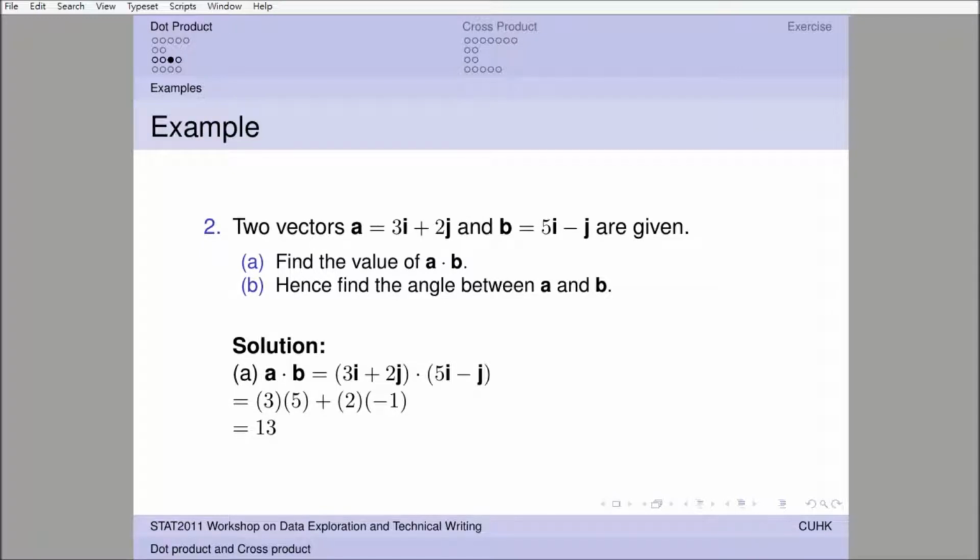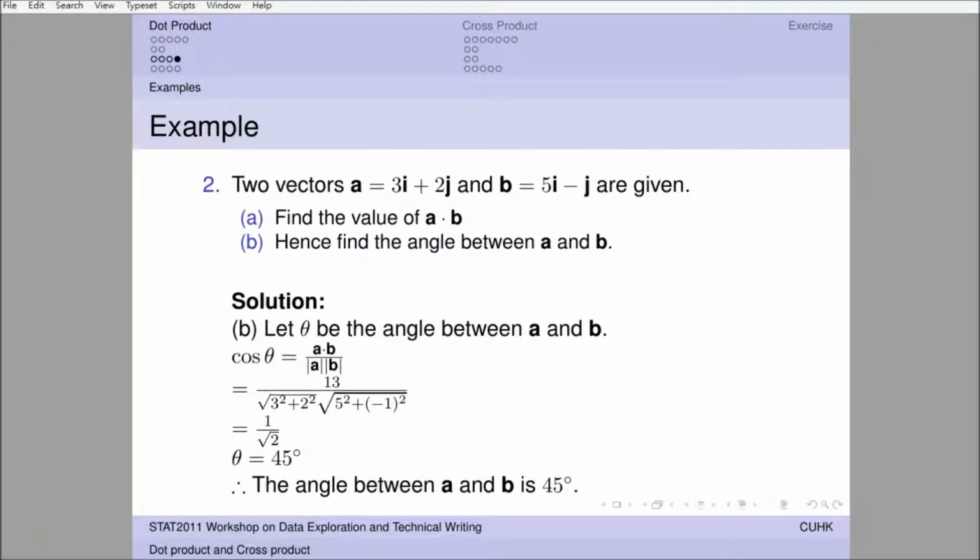Example 2. Given two vectors A and B, recall that i and j are unit vectors. Part A. Find the value of A dot B. The dot product can be found algebraically, that is 3 times 5 plus 2 times minus 1, which equals 13.